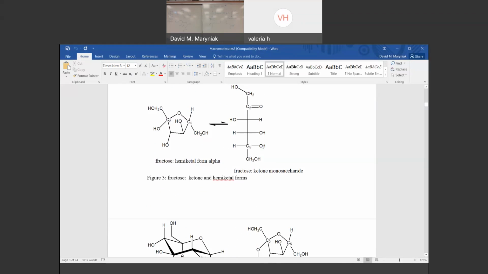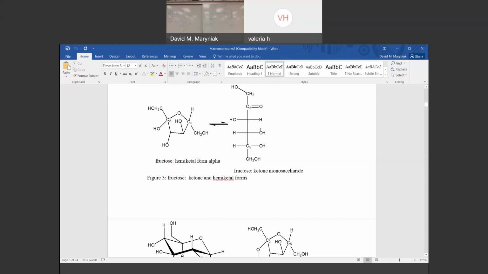Quick quiz, if the C5OH goes to the right, is that D or L? D. And if this cyclizes, does it make a hemiketal or hemiacetal? Now it makes a hemiketal because the open chain form is a ketone.